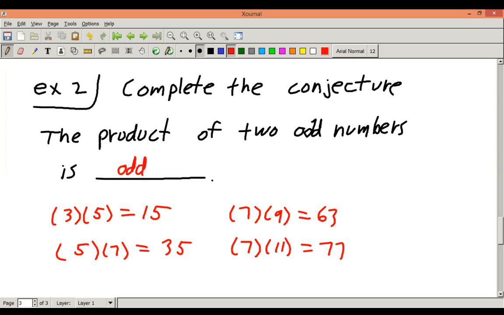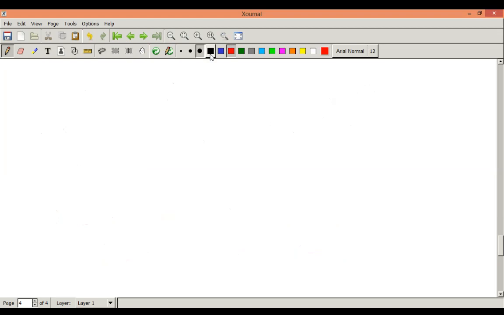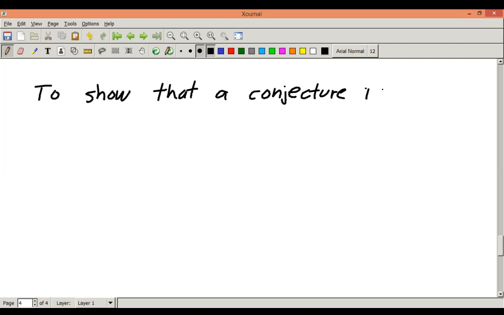Okay, so let's talk about that a little bit more. Talk about how a conjecture could be true or false. To show that a conjecture is always true, you must prove it.